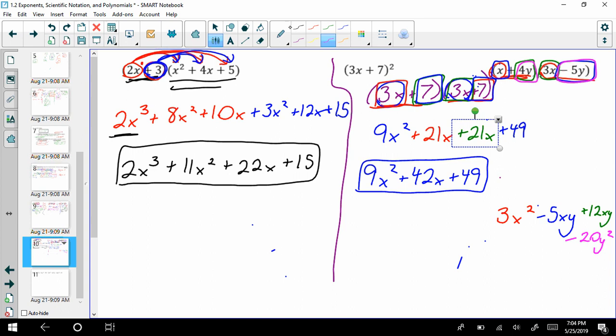And now let's combine like terms and we'll have it. So 3x squared. If I combine my xy's, negative 5 and 12, I have 7xy and then minus 20y squared. Now the degree on a type like this, if there's multiple variables, we're not going to mess with, so you don't have to worry about that.